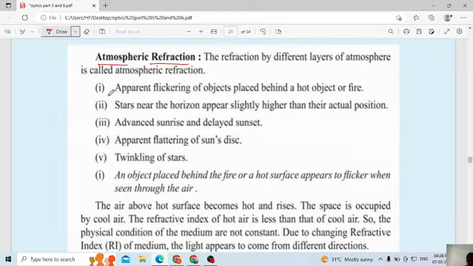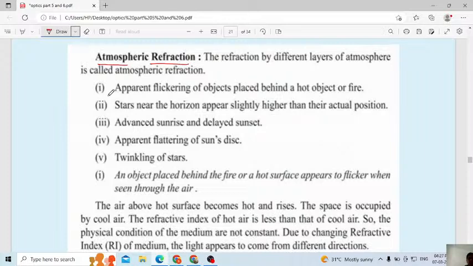Then apparent flickering of an object placed behind a hot object or fire. See, if you keep any object behind the fire or a hot object, then that object will appear to blink. Blink means it appears to produce light. Otherwise it will be flickering because of the process of refraction.